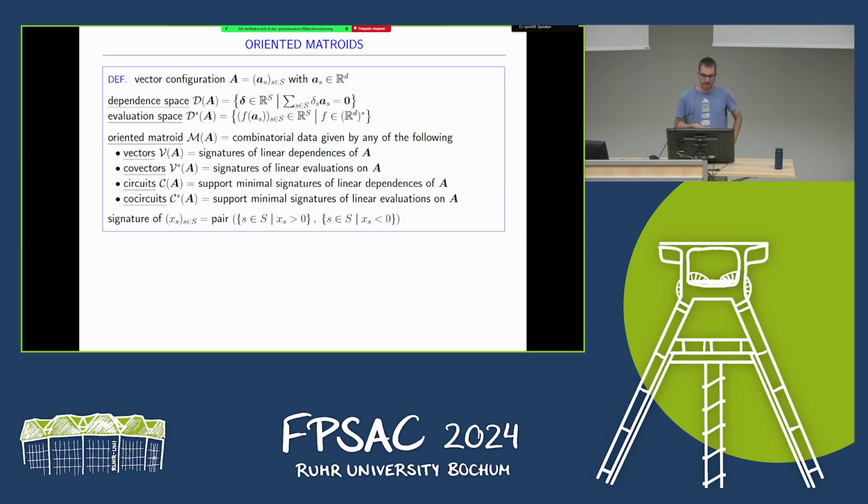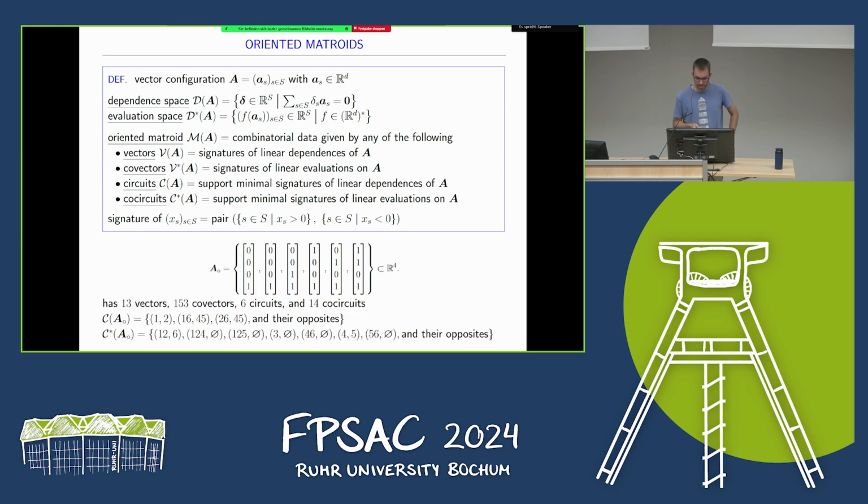Now the oriented matroid of A is any of these four sets: the vectors, which are the signatures of the linear dependencies of A, or the covectors, which are the signatures of the linear evaluations of A, or the circuits or co-circuits, which are the support-minimal vectors or covectors. You can remember any of these four sets, and it is what we call the oriented matroid of A.